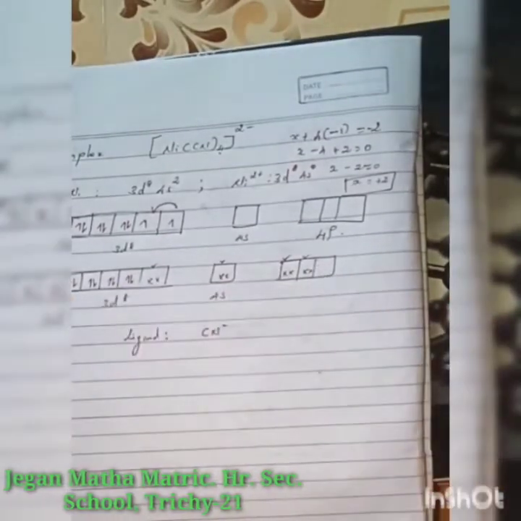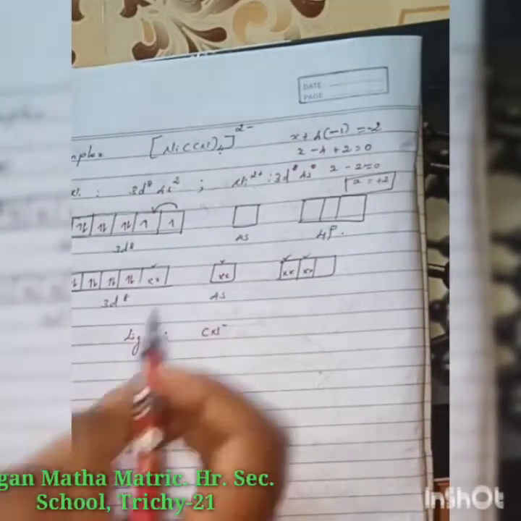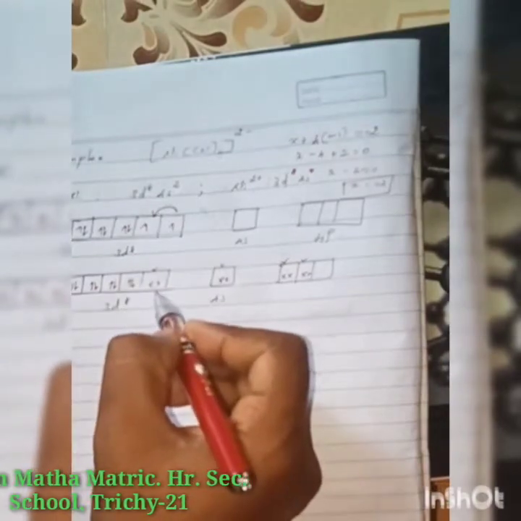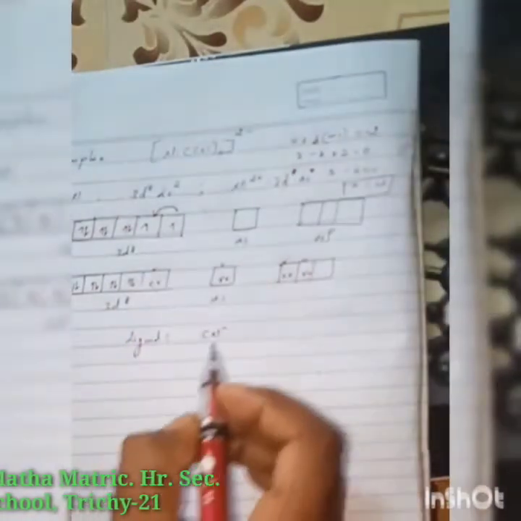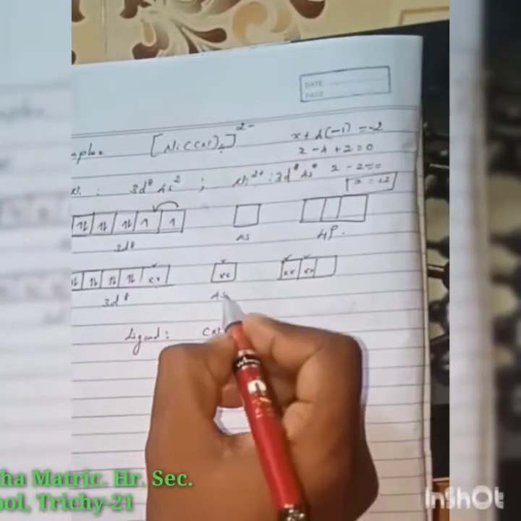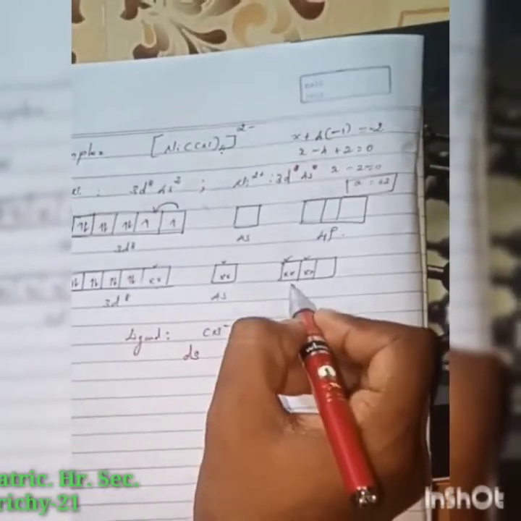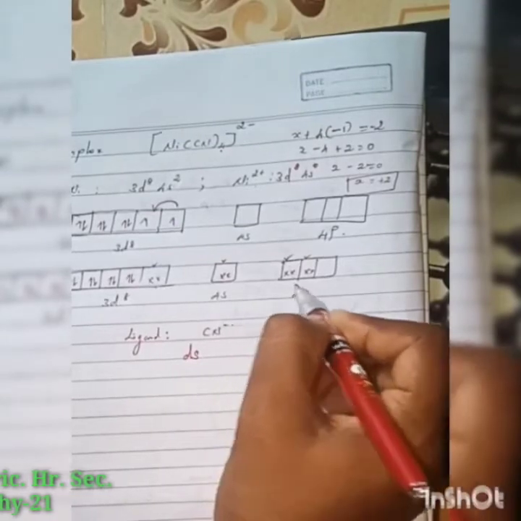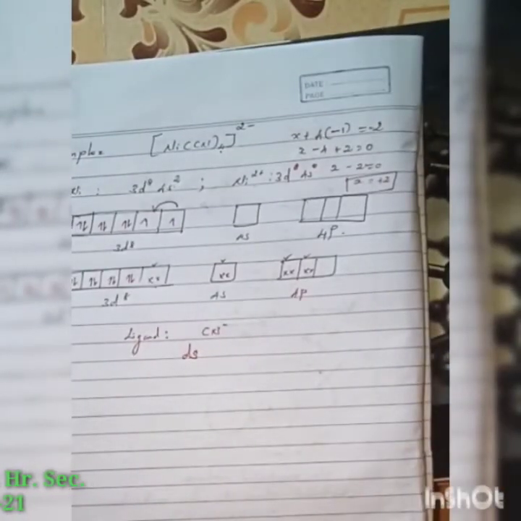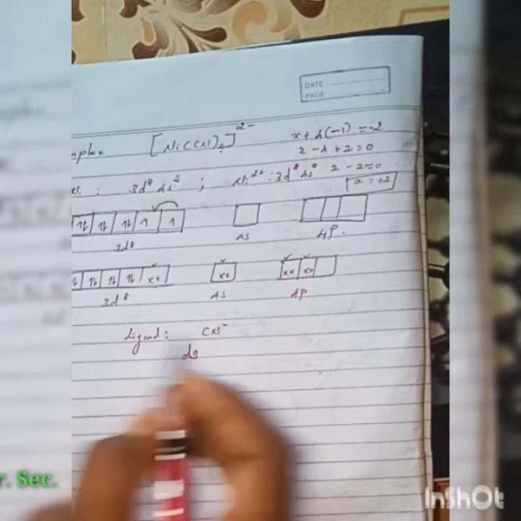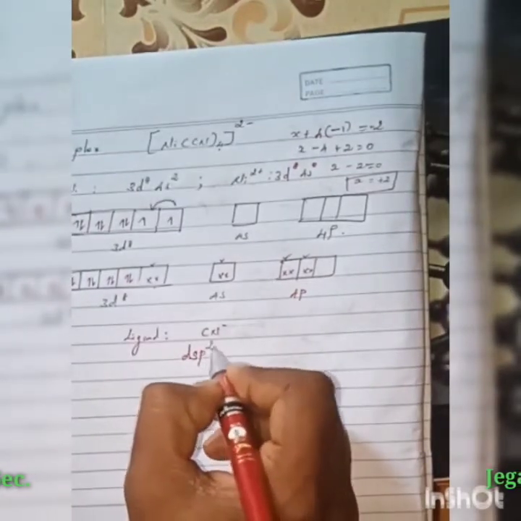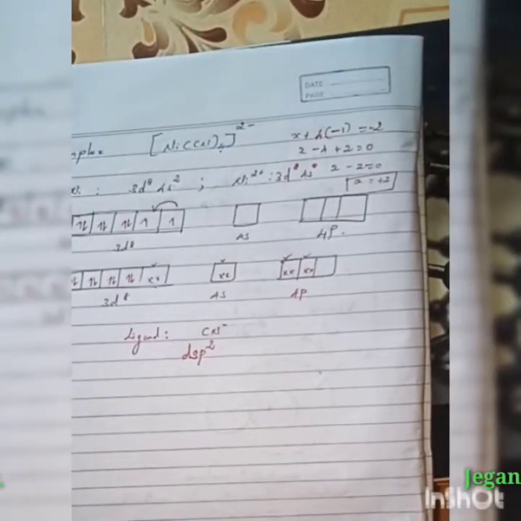Now we write the hybridization. In the d orbital, the vacant orbital is 1, so d. The s vacant orbital is also 1, so ds. For the 4p orbital, 2 vacant orbitals are present. That is dsp2. So dsp2 is the hybridization of Ni(CN)4 2-.